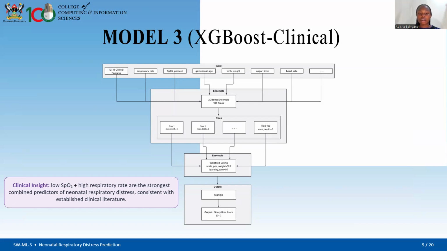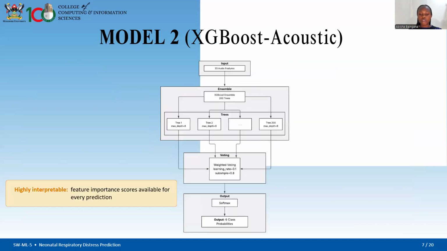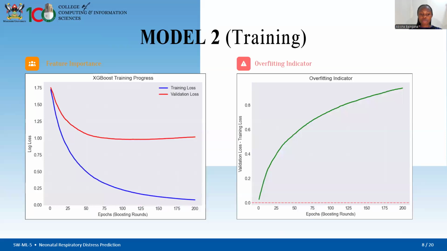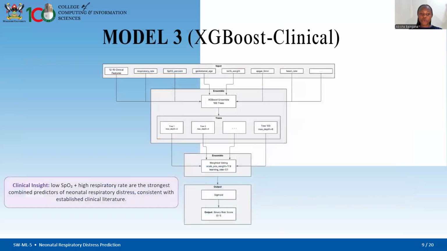So in the ensemble, once we are done with the trees with maximum depth 6, we move on to weighted voting still, and then we also look at the learning rate, and from there our output will be a binary risk score, unlike the other side where our output was 6 class probabilities.